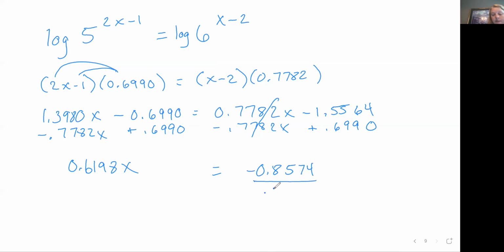And then divide. Okay, so we get x is negative 1.3833.